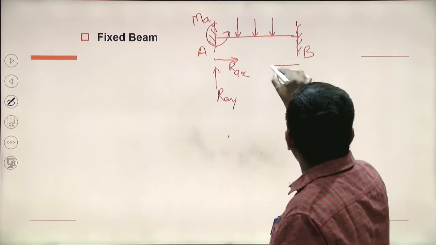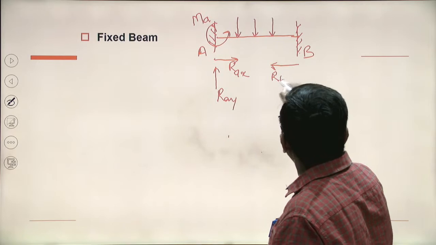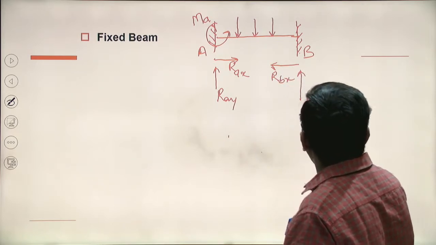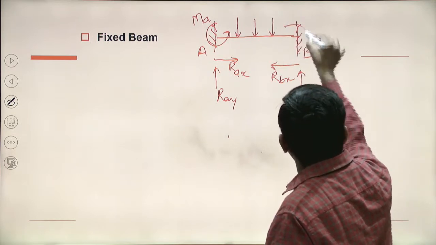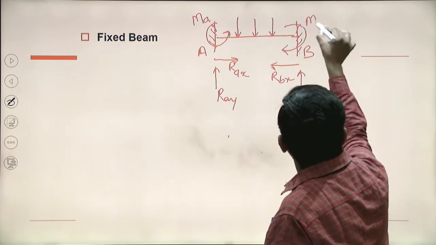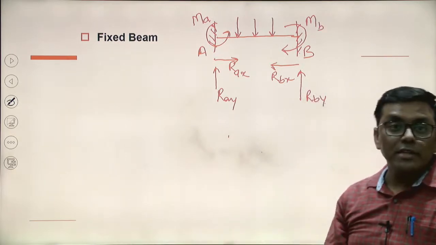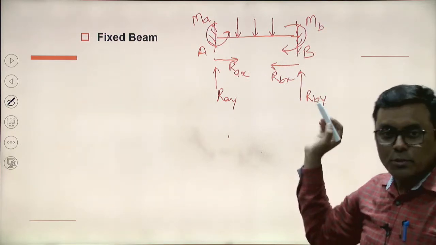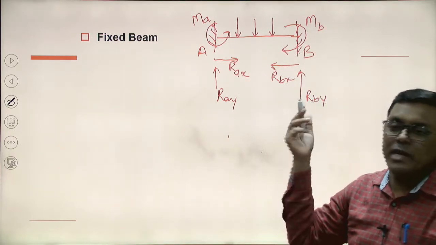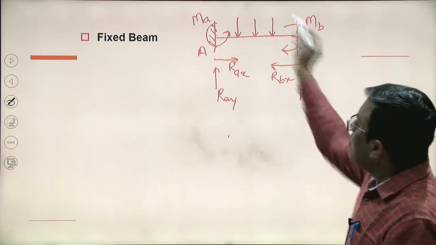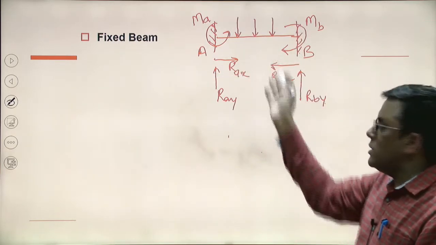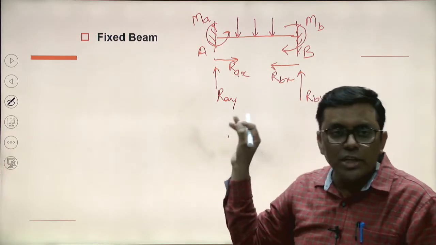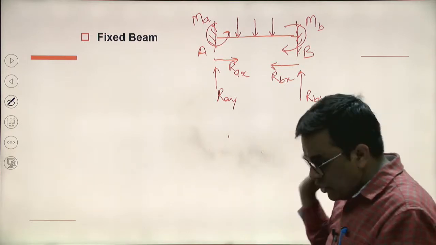Similarly RBX, RBY, and rotational tendency in this direction, so MB. How many unknown reactions are there? 1, 2, 3, 4, 5, 6. Is it possible to find them with 3 equations? Mathematics doesn't allow this. So statically indeterminate doesn't mean these beams are not analyzed. These are analyzed, but not with the 3 equations of static equilibrium.